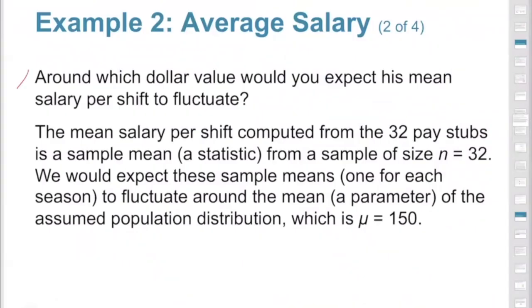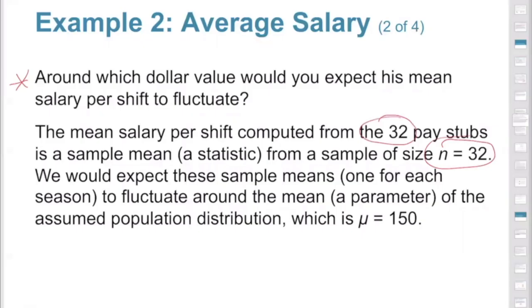This is of course the answer to the first question, about what you expect the mean salary to be. Because we have 32 pay stubs, this is n, the sample size, and you can apply the central limit theorem in this case. It says the sample mean is normally distributed with mean mu.